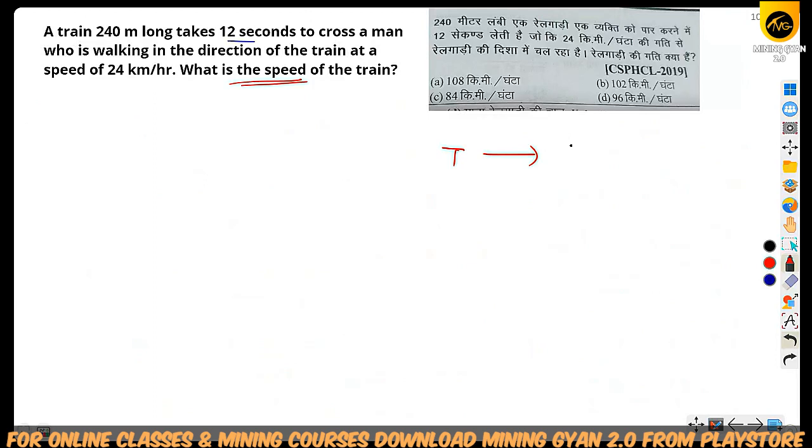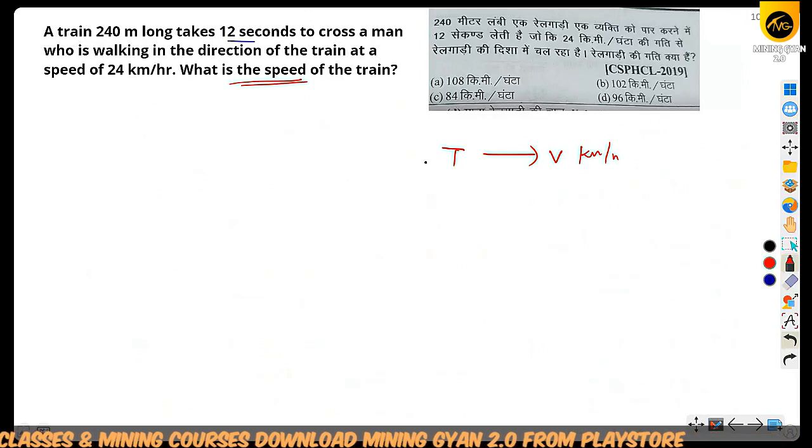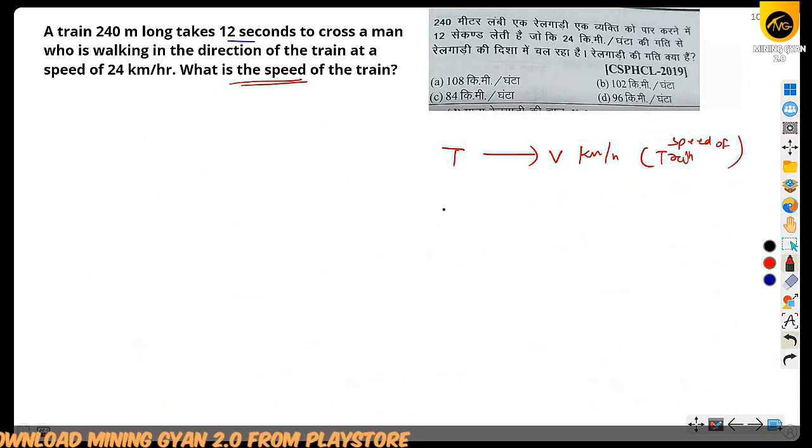So basically, suppose the speed of the train is v kilometers per hour, or x kilometers per hour, or you can assume any variable. Now the person is walking at 24 kilometers per hour in the same direction.